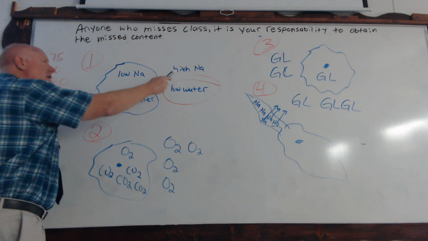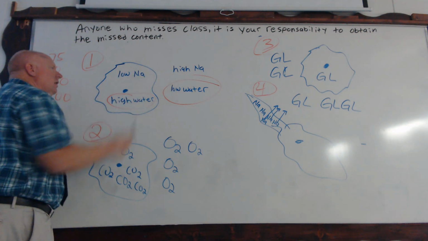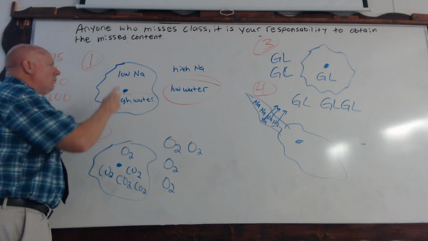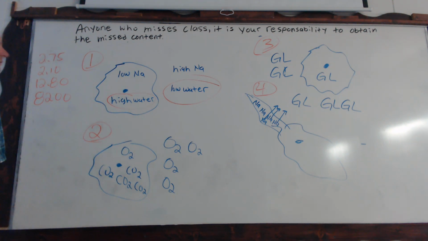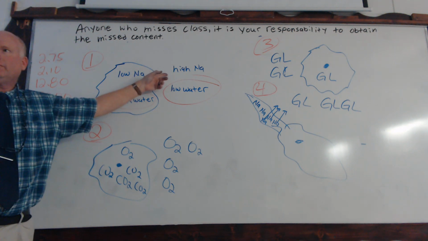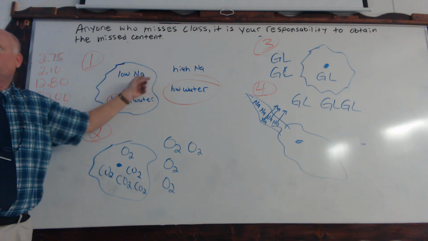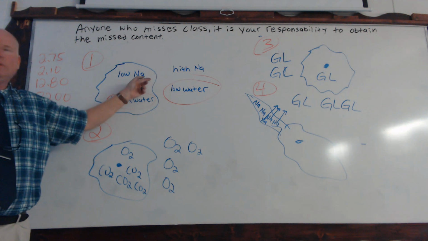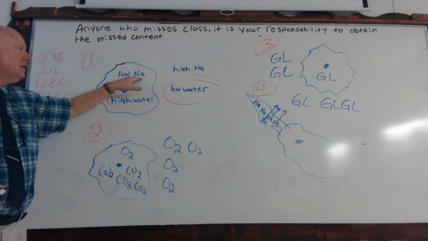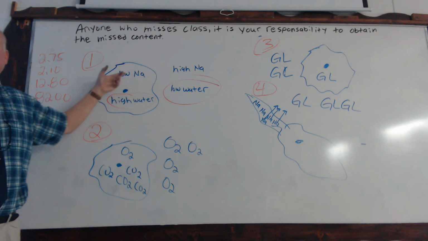If it's higher outside than what it is inside, what's that going to do? Is the sodium going to flow in? If it's high outside and low inside, would that flow in?